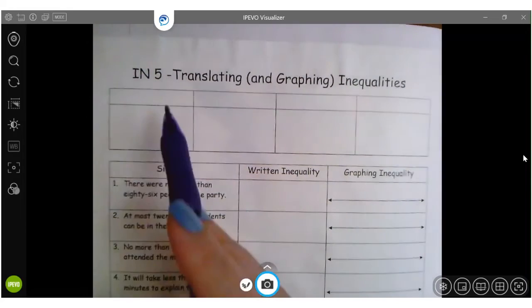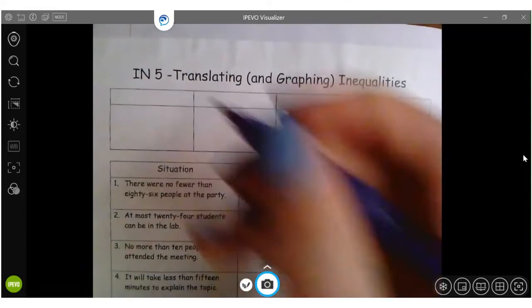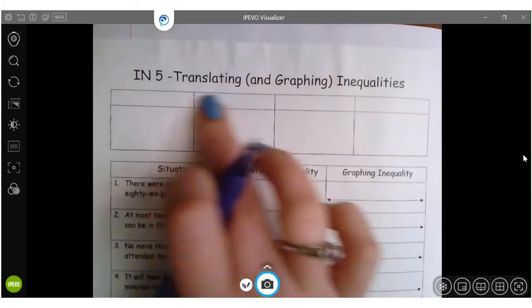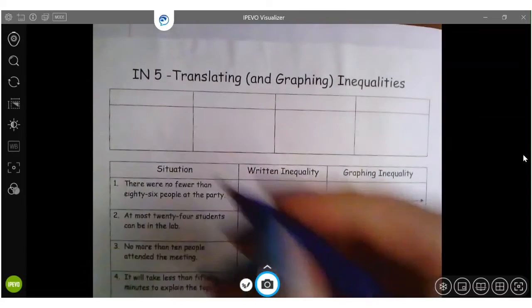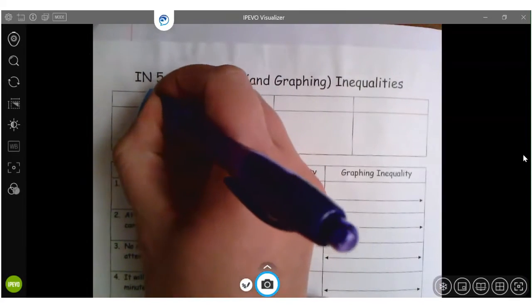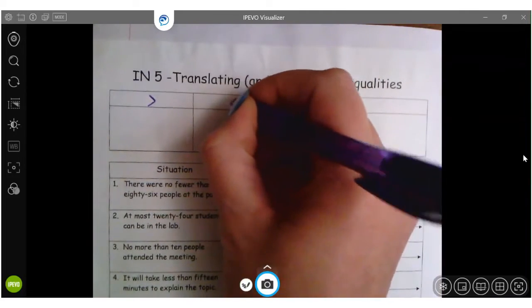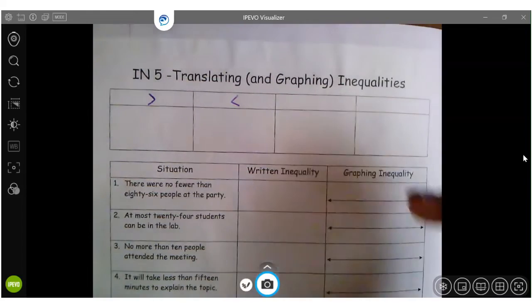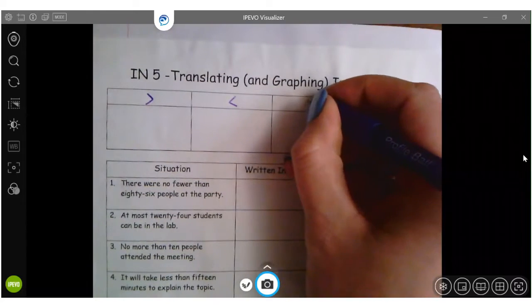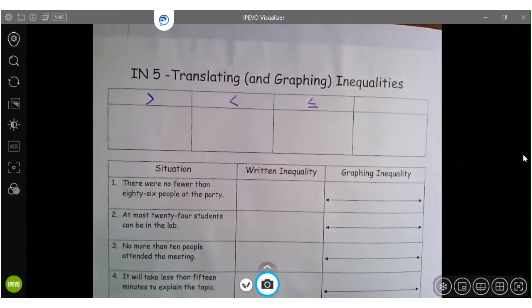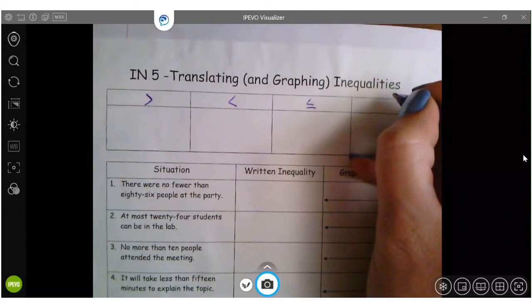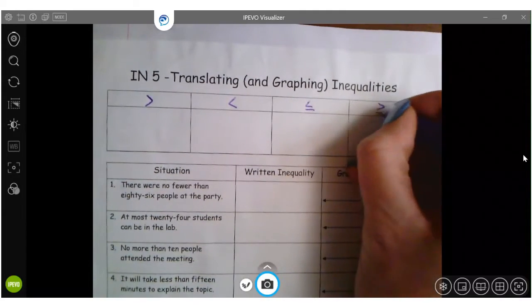All right, so up at the top, first we're going to list in this top row here four different inequality symbols. So you have greater than, less than or equal to, and greater than or equal to.